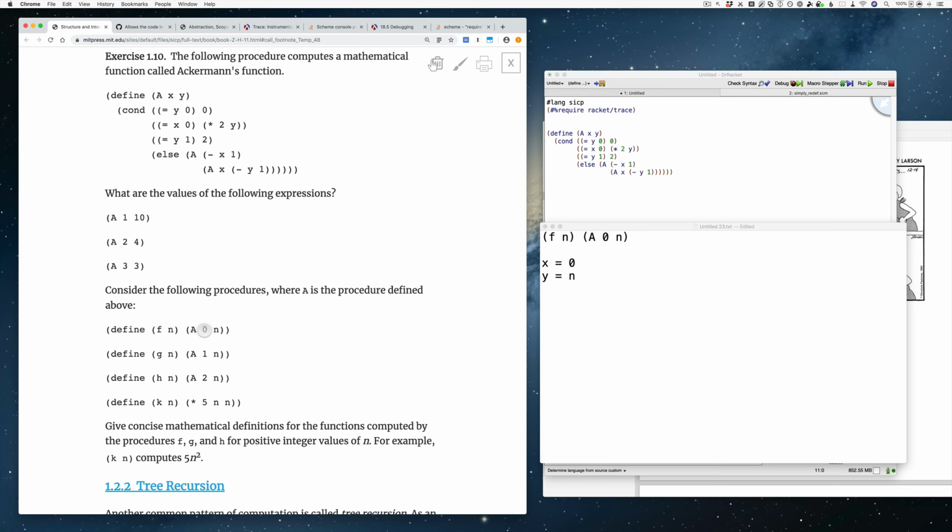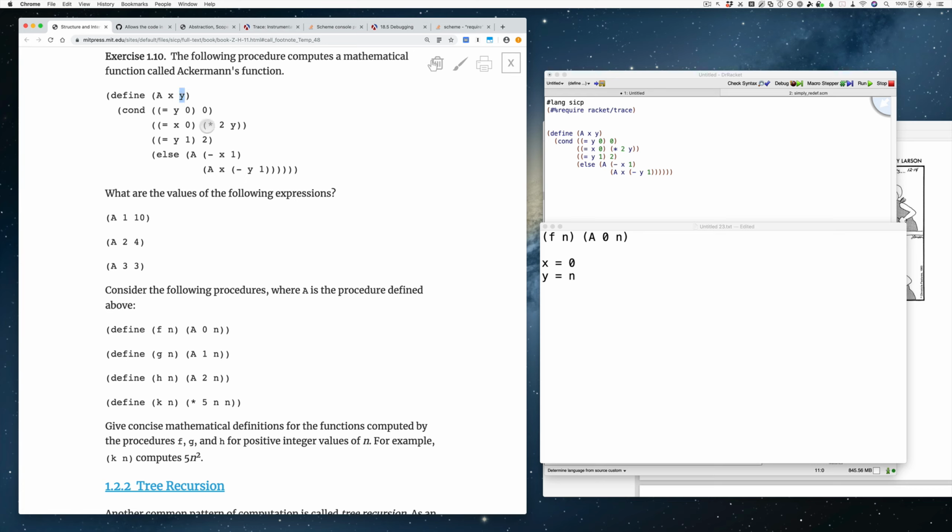calling the Ackermann function with 0, which is going to be x up here, and n, which is going to be y over here. So if x is 0, what do we do? Well, it tells us. We multiply, we get the product of 2 and y. So what is y?